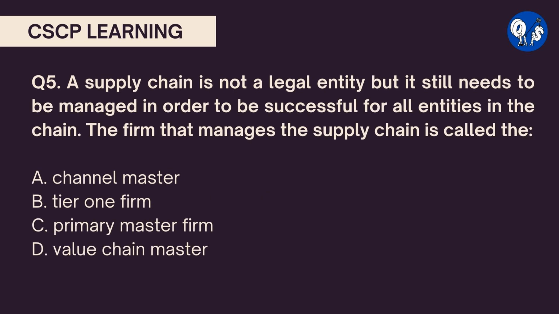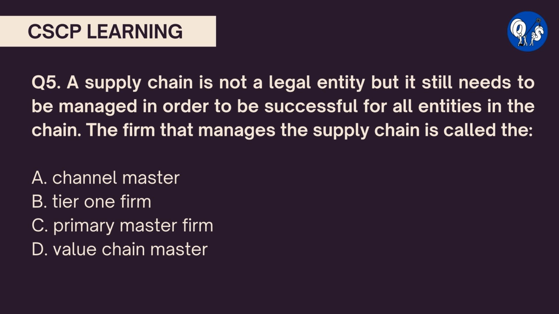Question number 5. A supply chain is not a legal entity, but it still needs to be managed in order to be successful for all entities in the chain. The firm that manages the supply chain is called the A. Channel master, B. Tier 1 firm, C. Primary master firm, D. Value chain master.